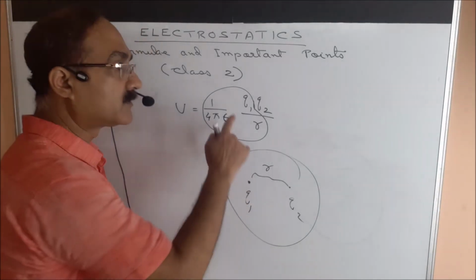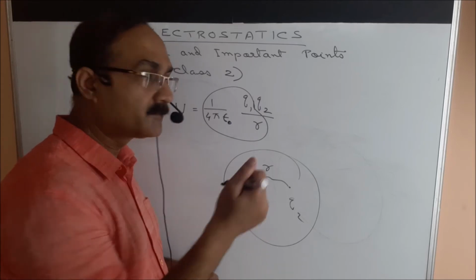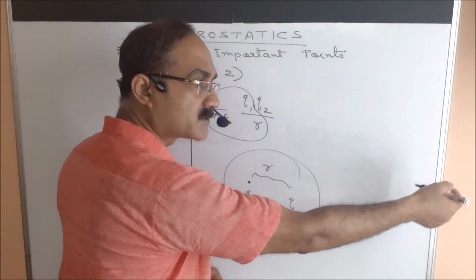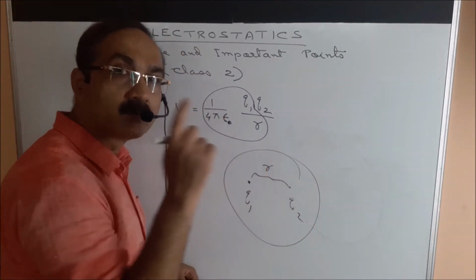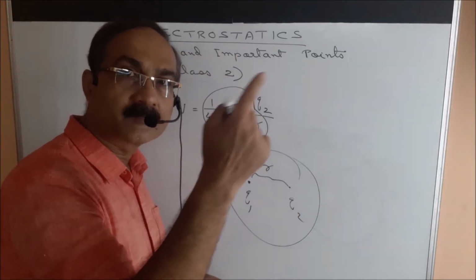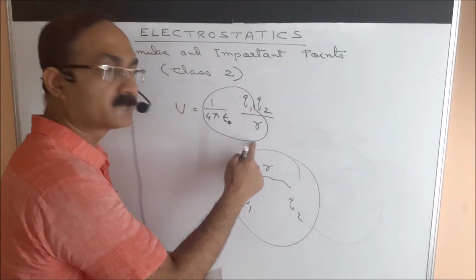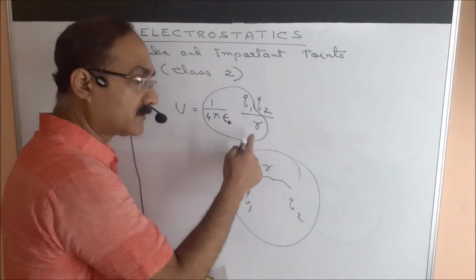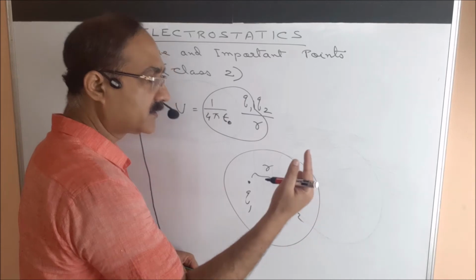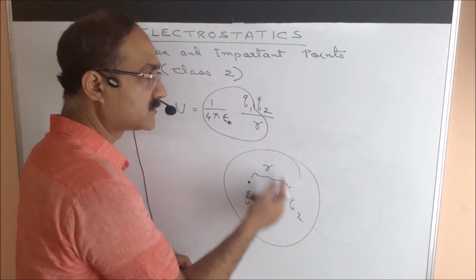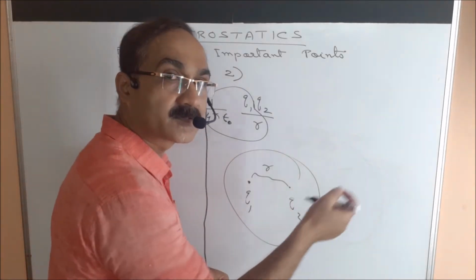Okay? Now what is potential by definition? This is the work done in bringing a unit positive charge from infinity to this point. Remember? Work done in bringing a unit positive charge from infinity to this point. So that is the potential. Now, if the work done in bringing 1 coulomb of charge is this much, what will be the work done in bringing Q2 coulomb of charge?